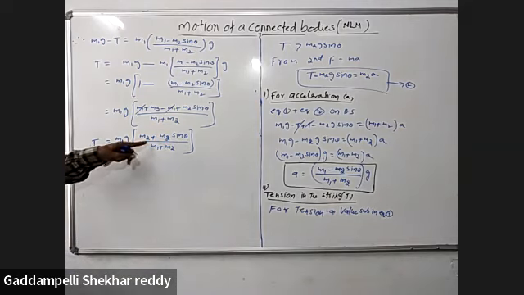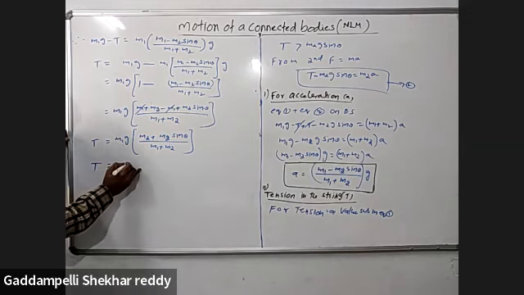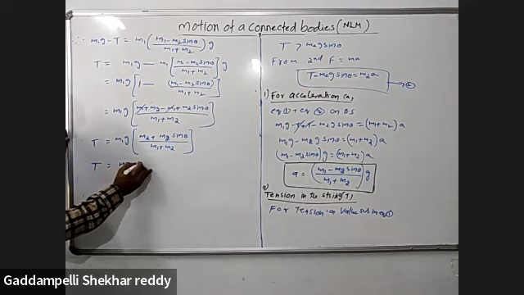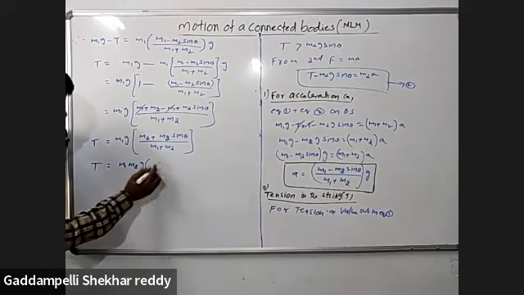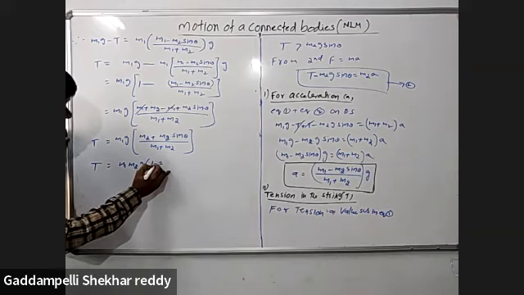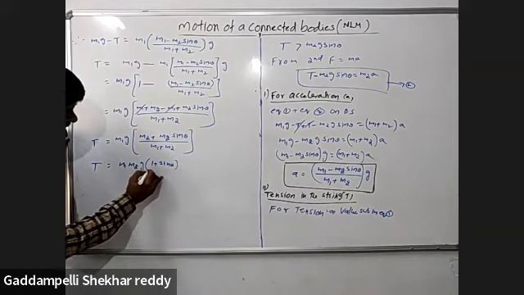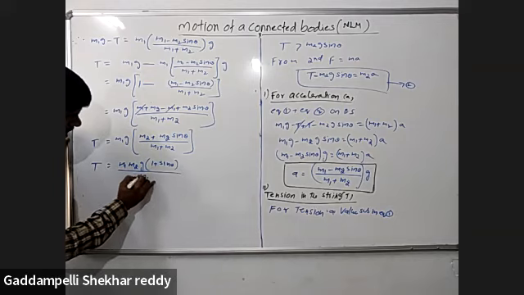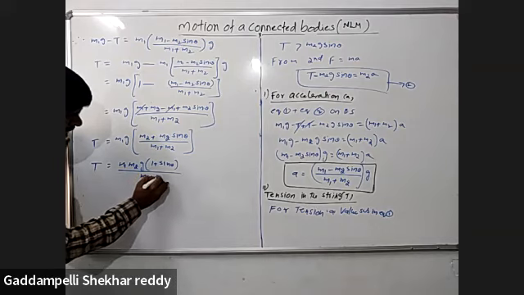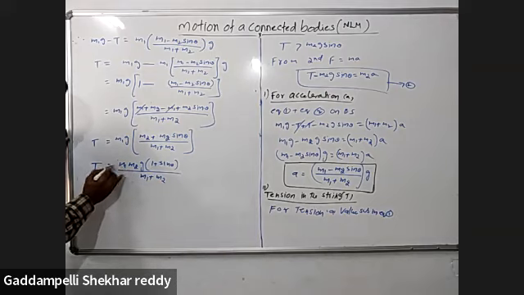Taking M2 common, T equals M1 M2 G of 1 plus sin theta divided by M1 plus M2.